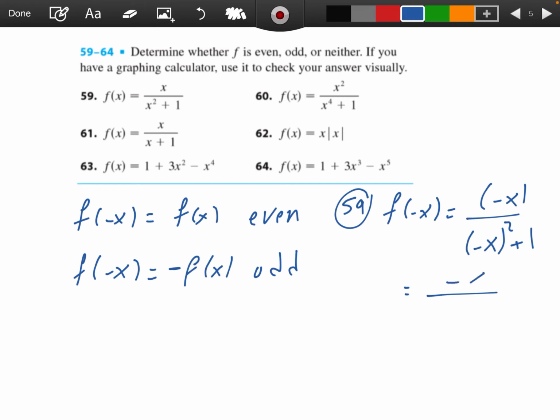Simplify: negative x over x to the power 2 plus 1, which is the same as negative f of x. So this is odd.